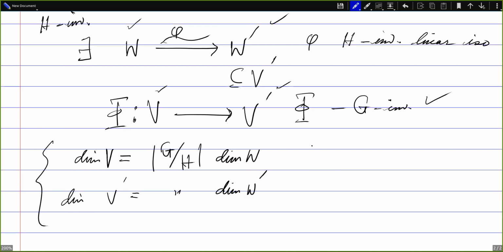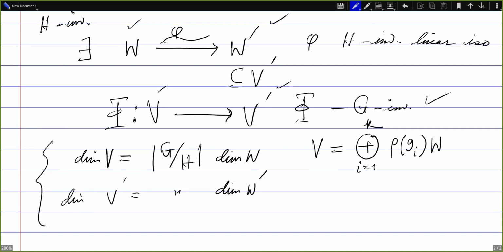Surjectivity is again in view of the fact that V decomposes as the direct sum of the g_i times W. Let's for convenience write that in this form, where g1 up to gk is a complete set of representatives of the cosets.